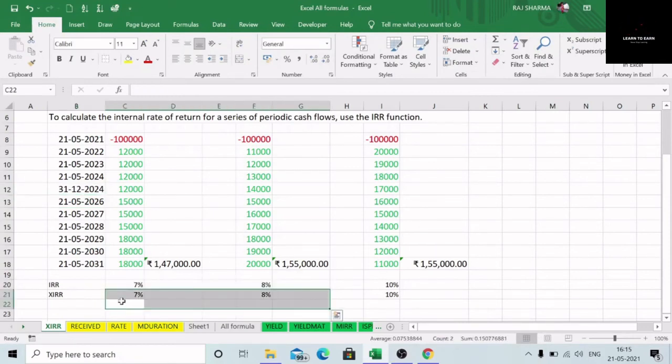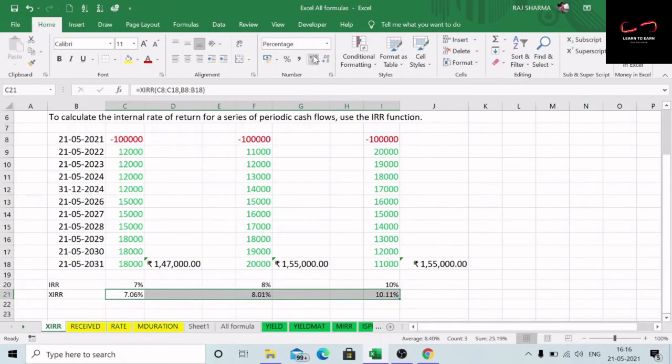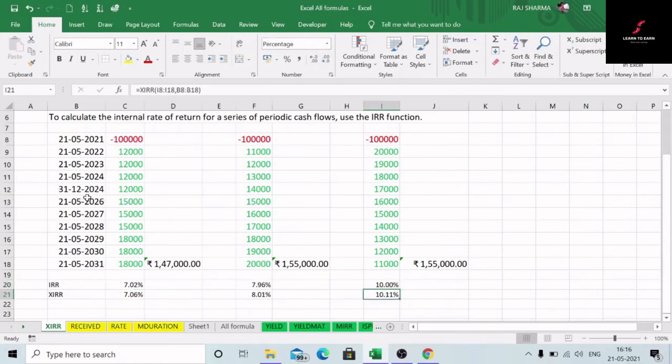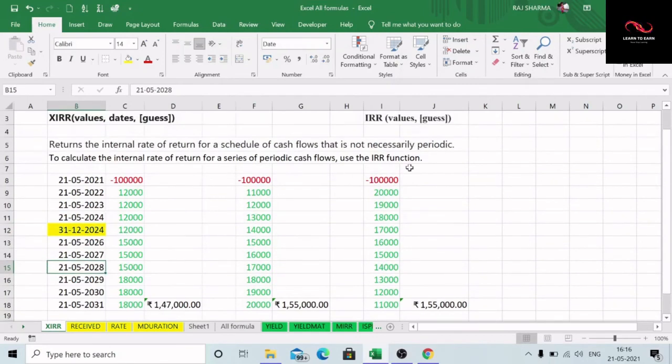If you increase the decimal places, you can see that instead of 10%, it is going to be 10.11. So this is the impact that the XIRR formula takes care of, broken period cash flows, or we can say where the cash flow is not necessarily periodic.